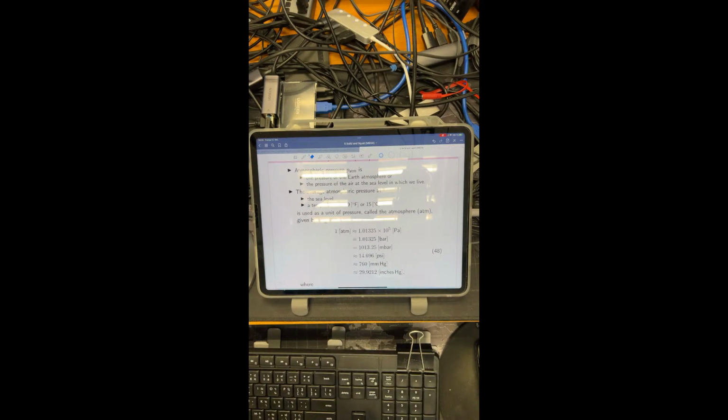Because pressure is a basic quantity, it's used in several fields of science, and each field would prefer its own scale, for example the pascal. Pascal is the SI unit. 1 ATM is approximately 1.01325.